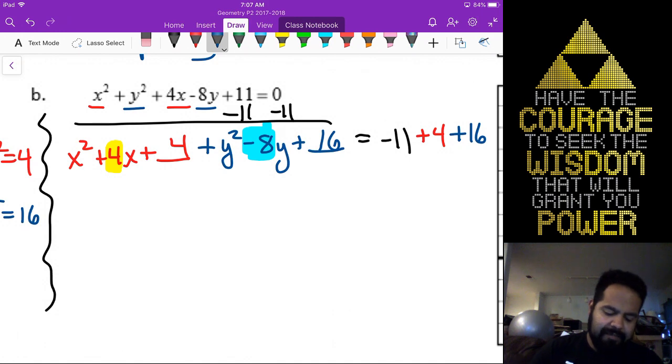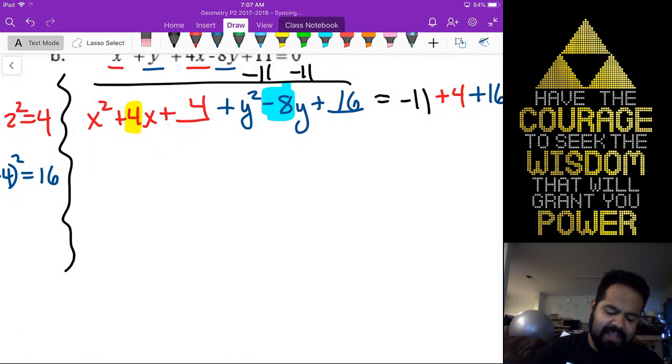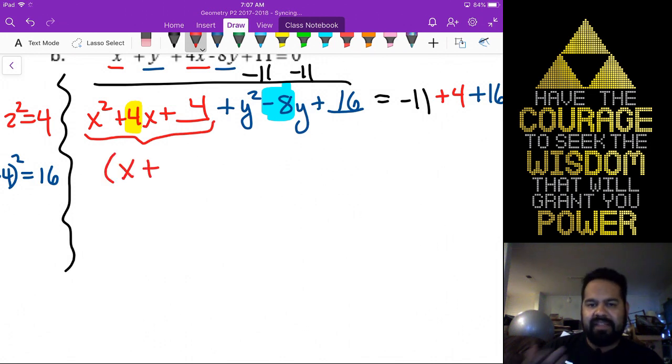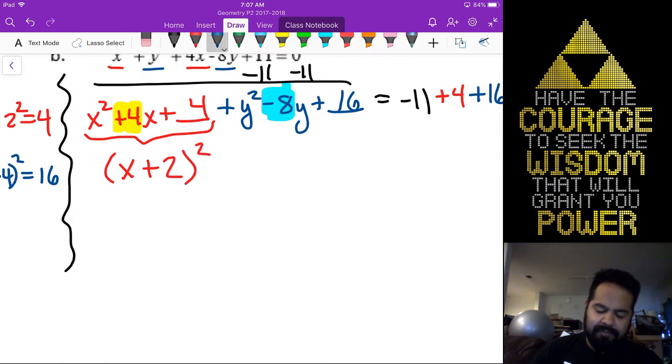All right, now the fun part. We're going to factor that left side. So this is going to become x plus, and the reason I say plus is because of the sign right here. It's a positive, and half of 4 is 2. Bam. Plus y.